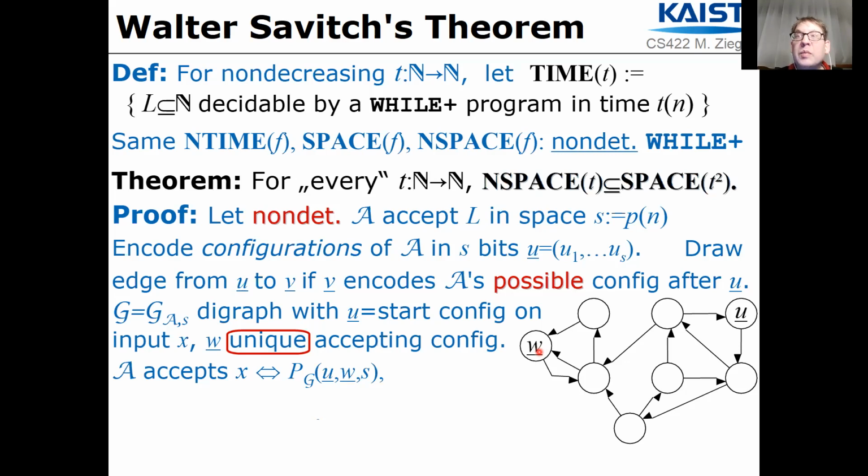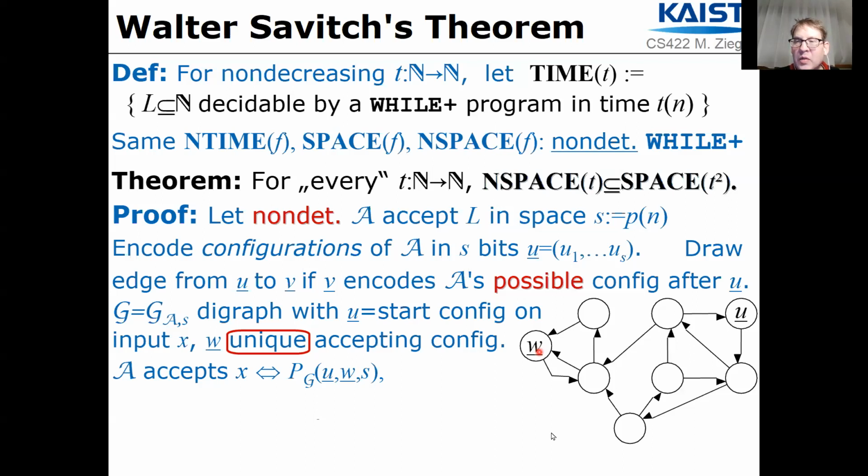Namely, we design a predicate, now not necessarily a Boolean predicate, that expresses whether there exists such a path, based on the observation that such a path, if it exists, must have at most exponential length. That's a bound on the number of vertices that this graph may have.